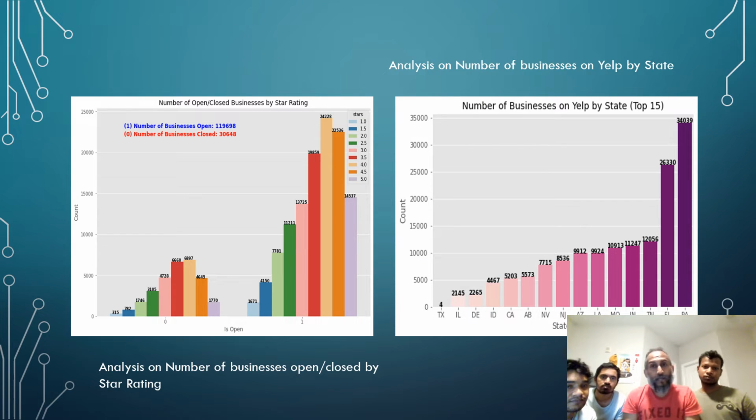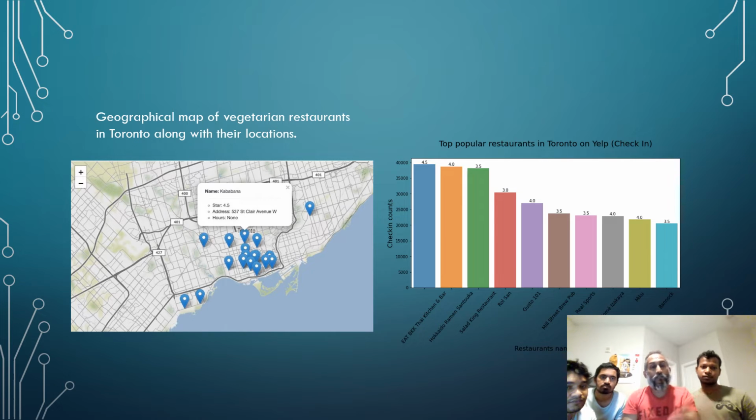We then looked at the number of businesses by state. The reason we did this was to see the overall implication of how Yelp data could then be an agent to inform other cities on what they can learn from our economic model developed for Cleveland. This chart here shows a map of vegetarian restaurants in Toronto.